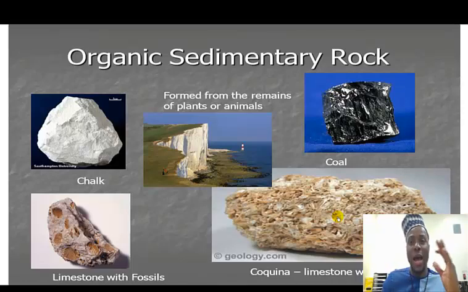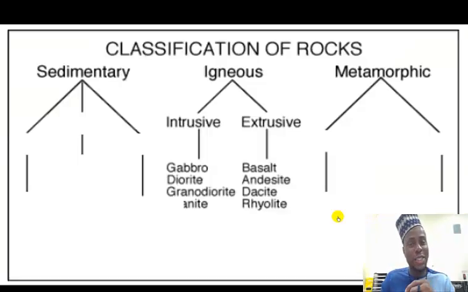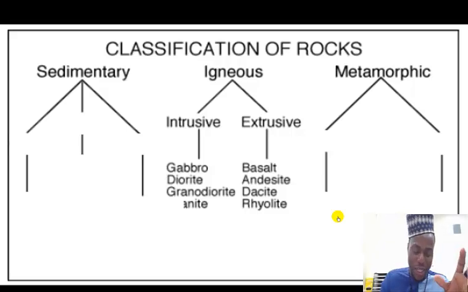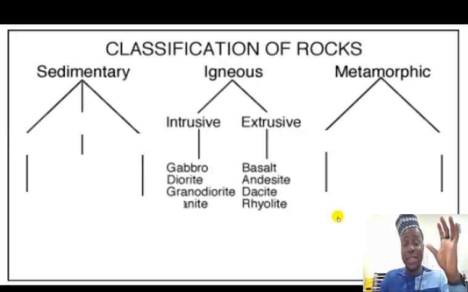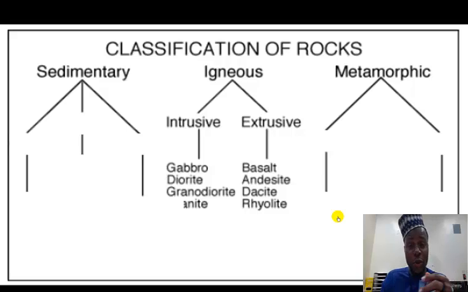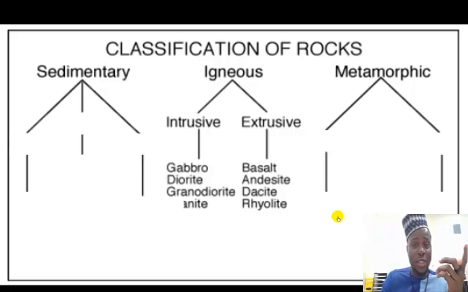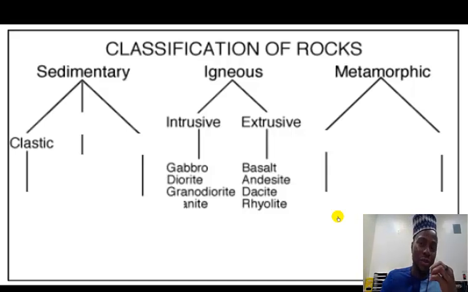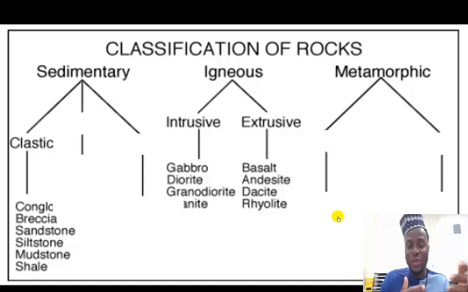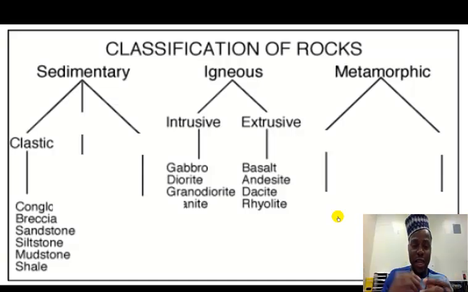So let's go back to this lovely chart here and see how we can separate all of that information. First, we said sedimentary rocks are rocks that are formed from the sediments of other rocks, pieces of other rocks, and those kinds of sedimentary rocks are referred to as clastic or land-derived sedimentary rock. Common examples include conglomerate, breccia, sandstone, siltstone, mudstone, and shale, from the pieces of other rocks, basically, and they contain fossils and they are formed in layers.